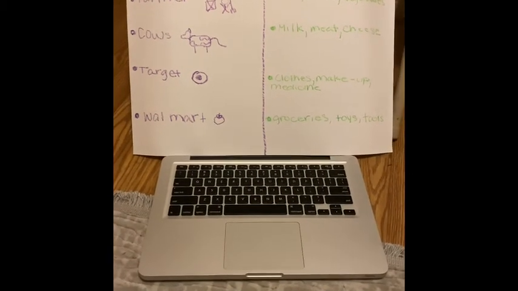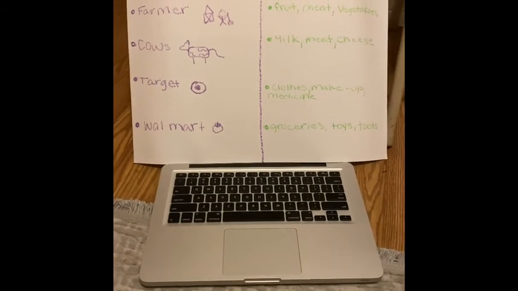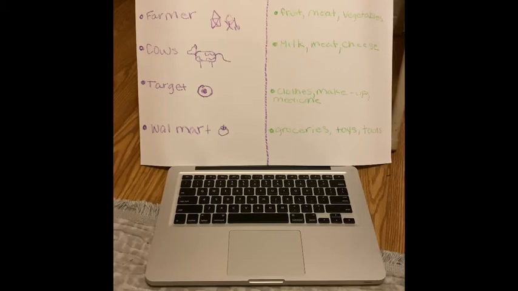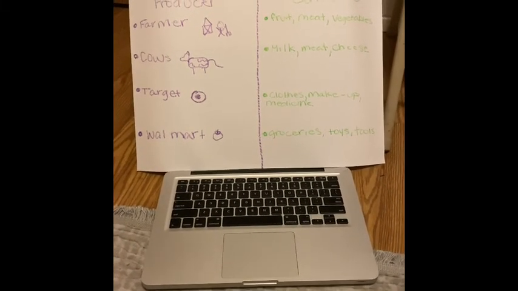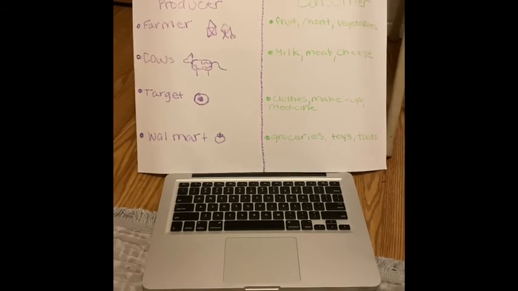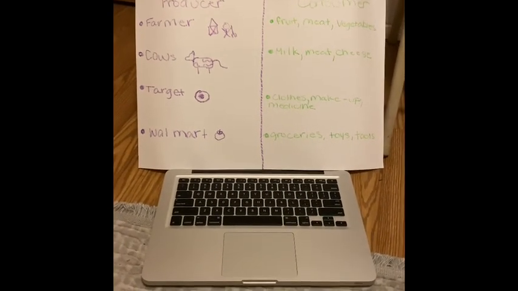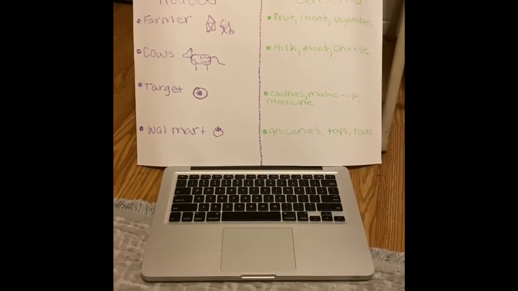Target, they will probably buy their clothes from there. Some of the kids may have seen mom buy makeup there or sister, and they probably have been there when they've bought medicine. In Walmart, most kids, including my niece, every time we go there, always wants toys from Walmart.